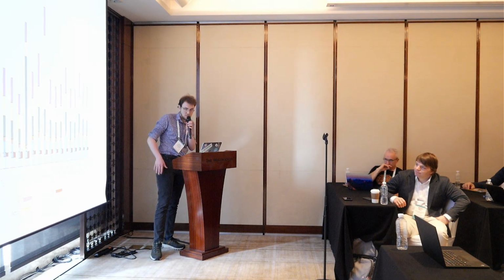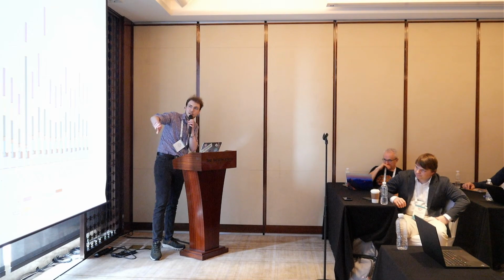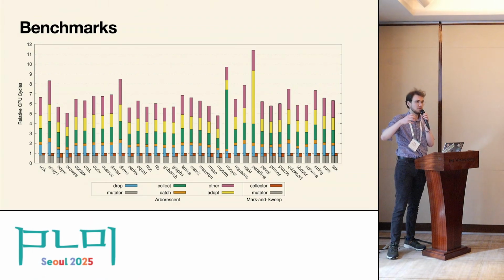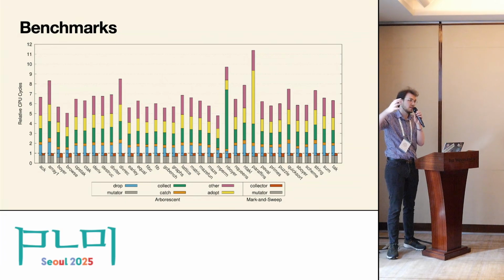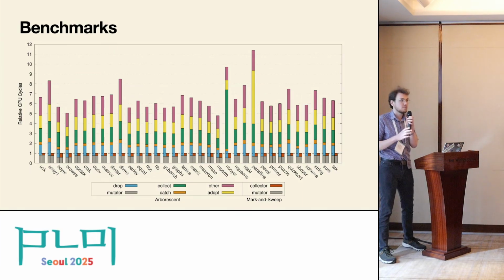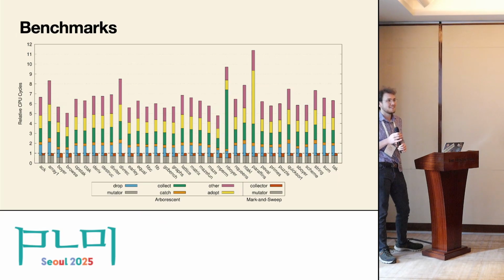For the Boyer one, we believe that it's because when we collect garbage, we actually have to remove all cofriends, and in this case, there's a lot of cofriends. So anyway, that's it. Thank you.